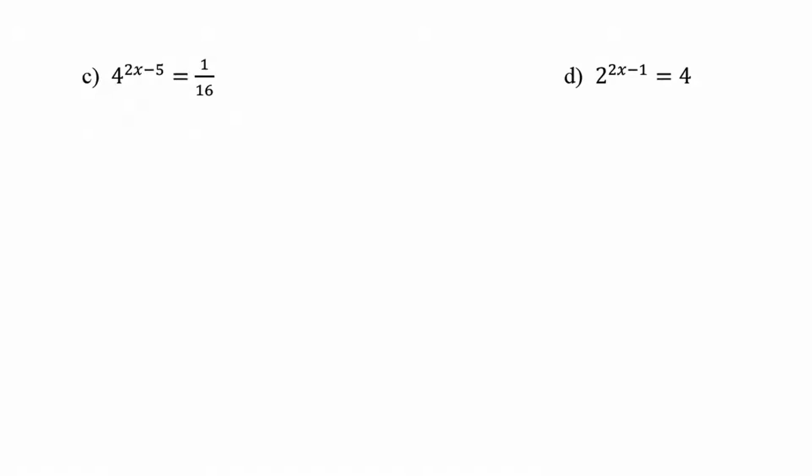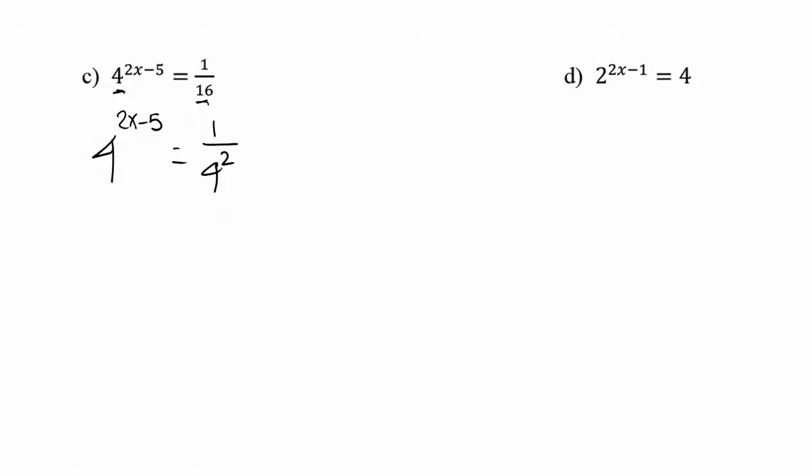I'm going to look for a base that 4 and 16 have in common. And I notice that 4 squared is 16. So rewriting that, I get 4 to the 2x minus 5 equals 1 over 4 squared, because that's what 16 is. The next thing I'm noticing is that 1/4 is not the same as a base of 4.